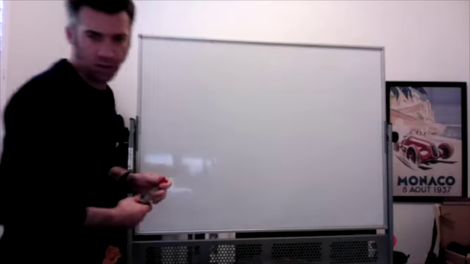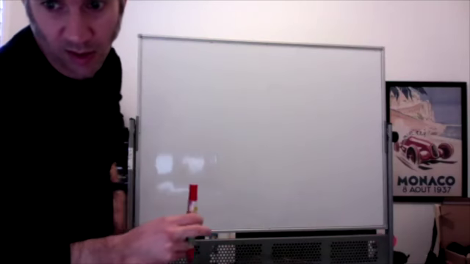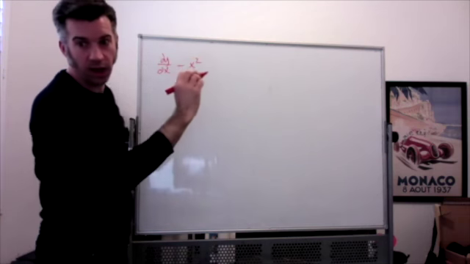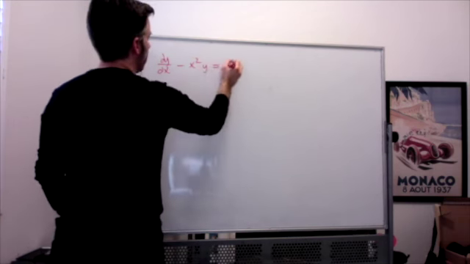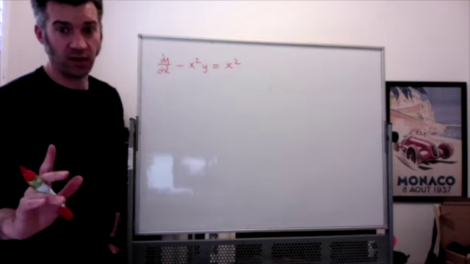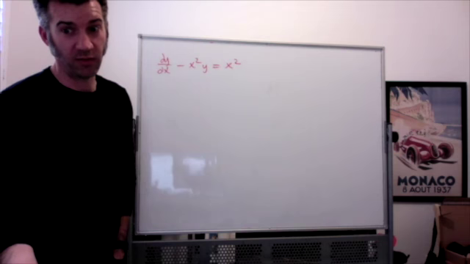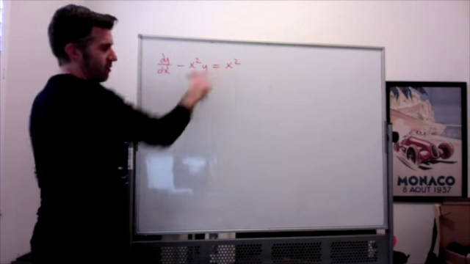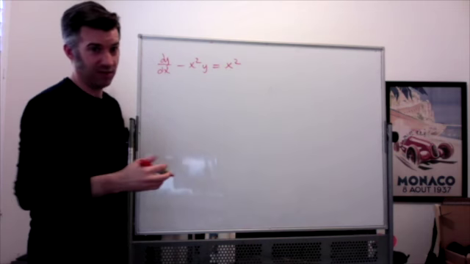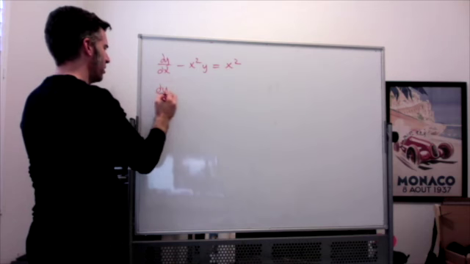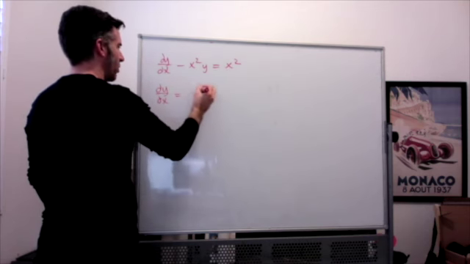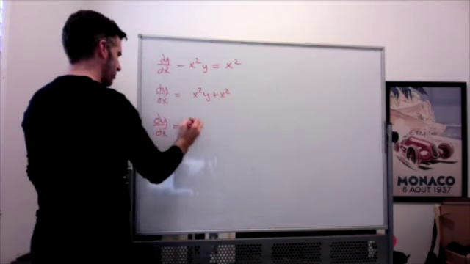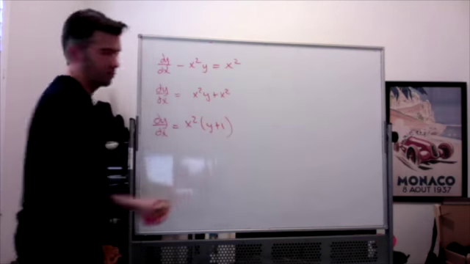So let's see here. Here's the last one: dy/dx minus x squared y equals x squared. You could have used an integrating factor here, but you also could have separated variables. If the coefficient of y and the function of x there are the same, you can say, look, dy/dx is x squared y plus x squared, and then you can factor out an x squared, like that.